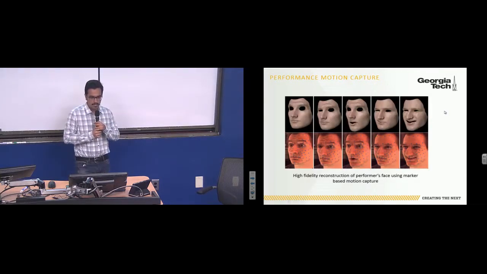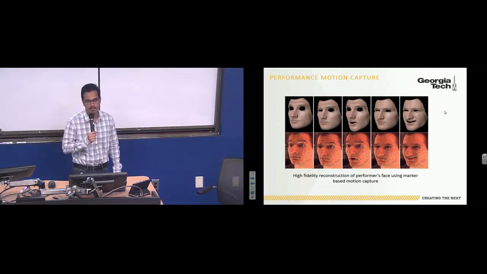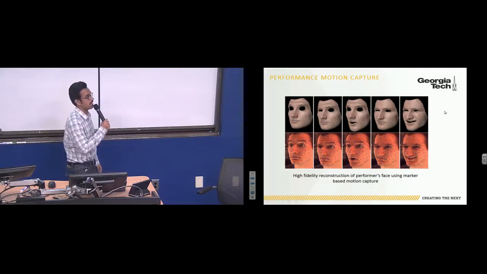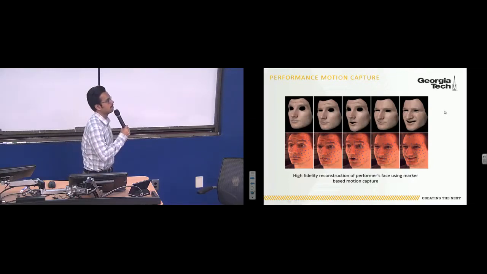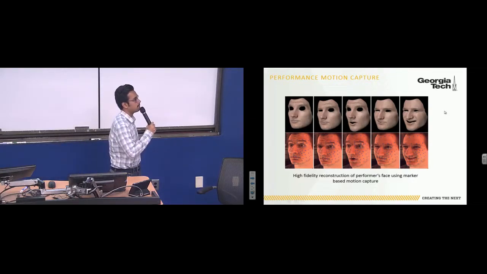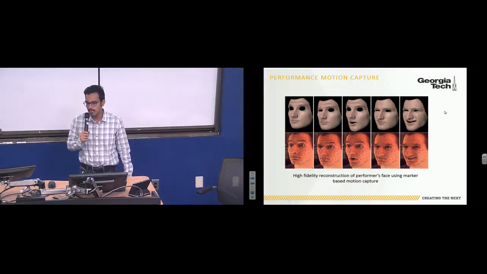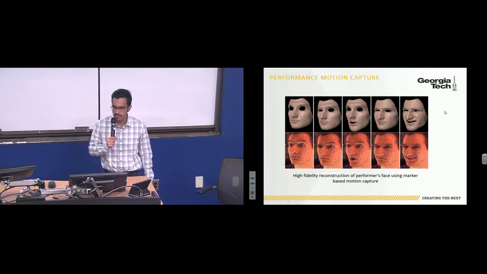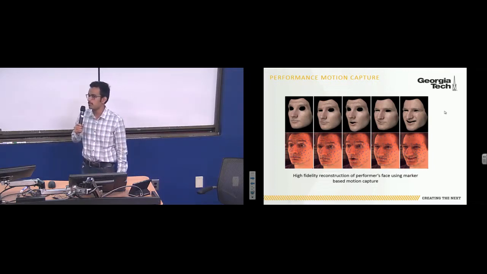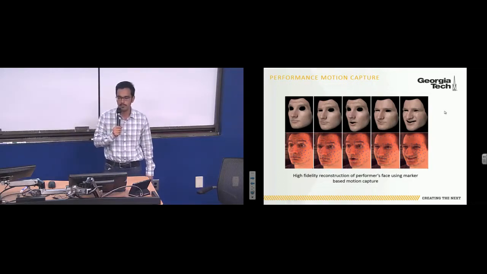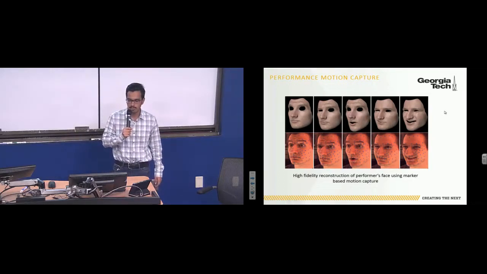Now I'm going to talk about performance motion capture, which is used heavily in films. Nowadays, they can use anywhere from 30 to around 300 markers to capture intricate details of the performers, like facial expressions, for example. The precision can be pretty high. So for performance mocap, it can be sub-millimeters, or if you're using really commercial systems, it can be on the order of 15 micrometers.